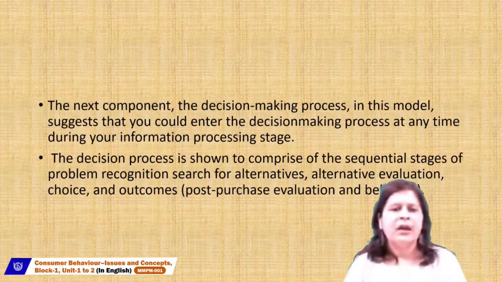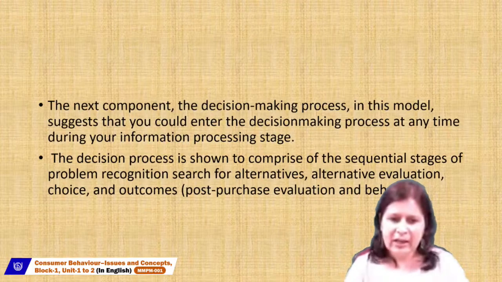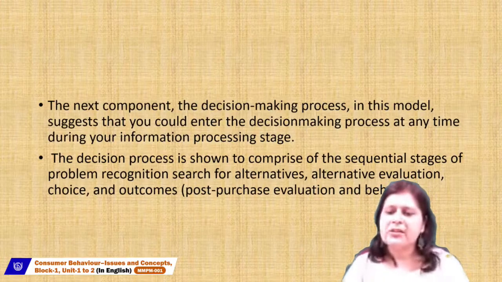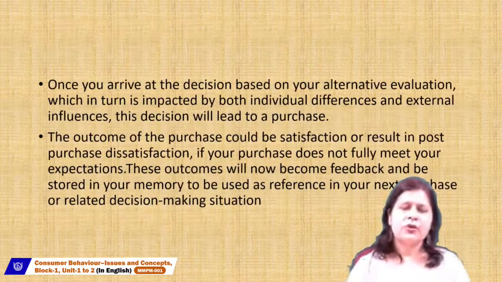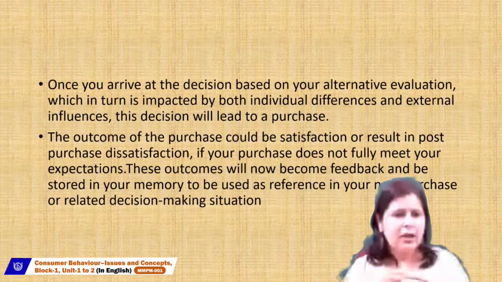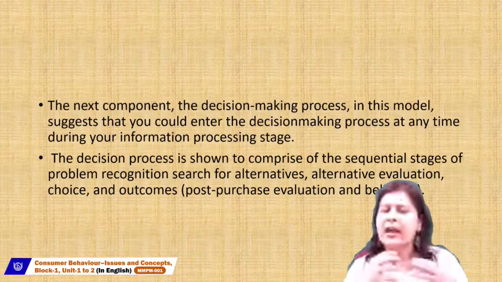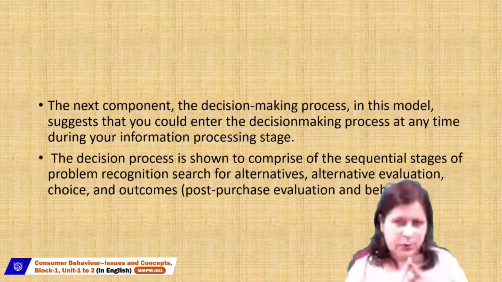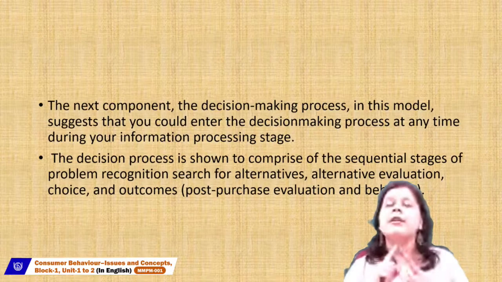Then comes the next component, the decision making process. In this model, you could enter a decision making process at any time during your information process stage, and the decision process is shown to comprise sequential stages of problem recognition, alternative evaluation, choice, and outcome, right? The first stage is problem recognition, what exactly we need, or recognition of the needs.